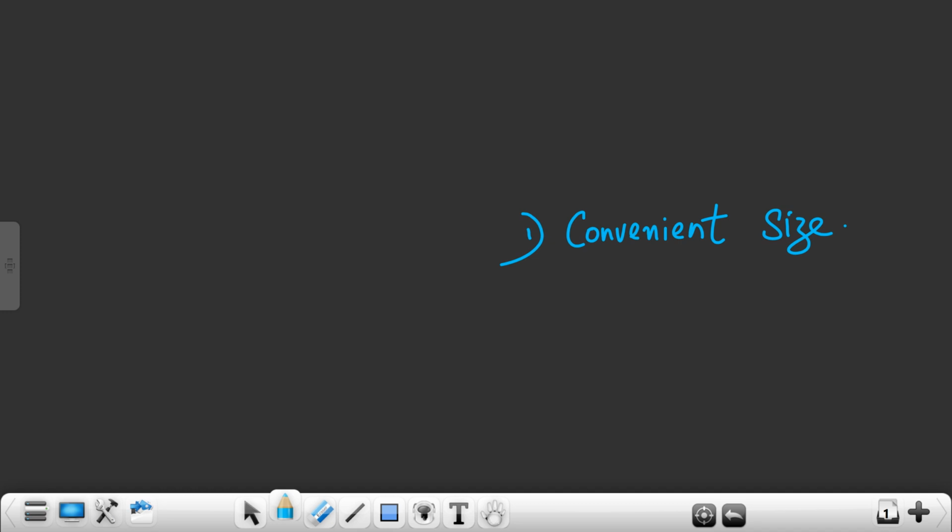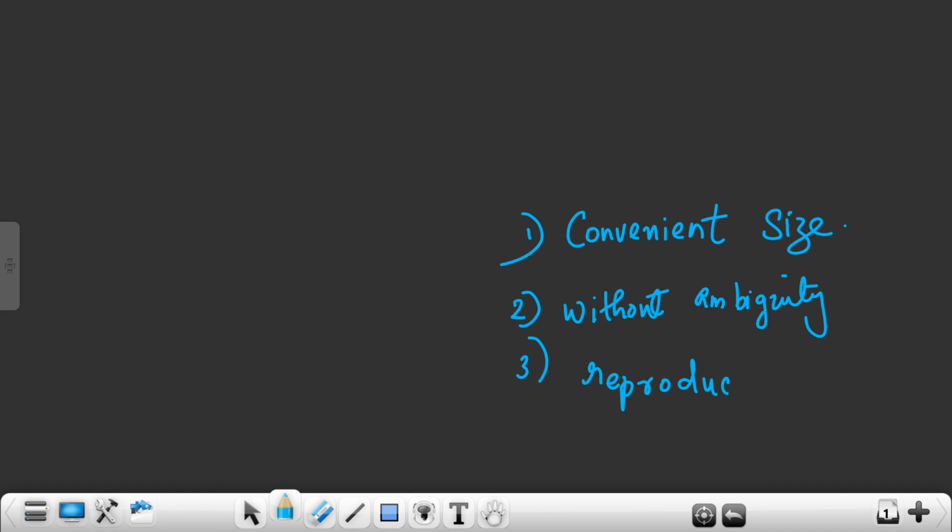Second, it should be possible to define the unit without any ambiguity, without any uncertainty or confusion. Then third, the unit should be reproducible.